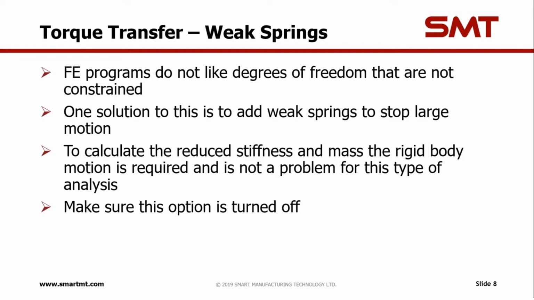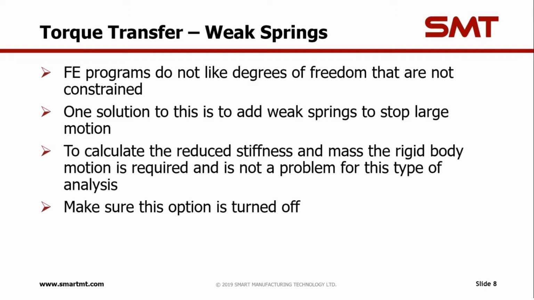If you're getting an error, you can try swapping those surfaces over and seeing if that helps. Finally on this topic is weak springs. In FE programs, as you saw in some of our examples, FE programs don't really like it if you've got degrees of freedom that are not constrained. So they try to help by getting rid of rigid body motions. One solution that they often have an option for is to add weak springs to stop this rigid body motion and give you a better static result.